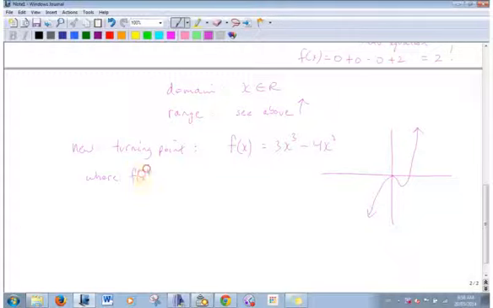Where we used to call it y, now we're calling it f of x. Where this thing goes from increasing to decreasing, or vice versa.